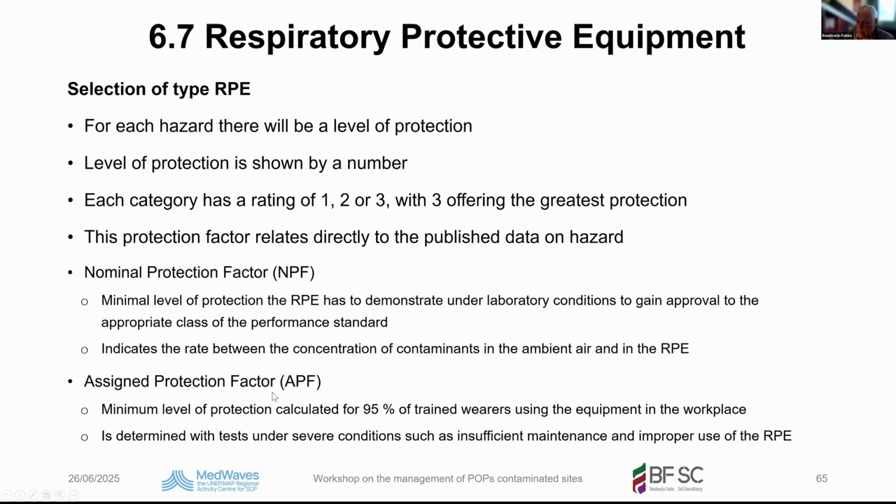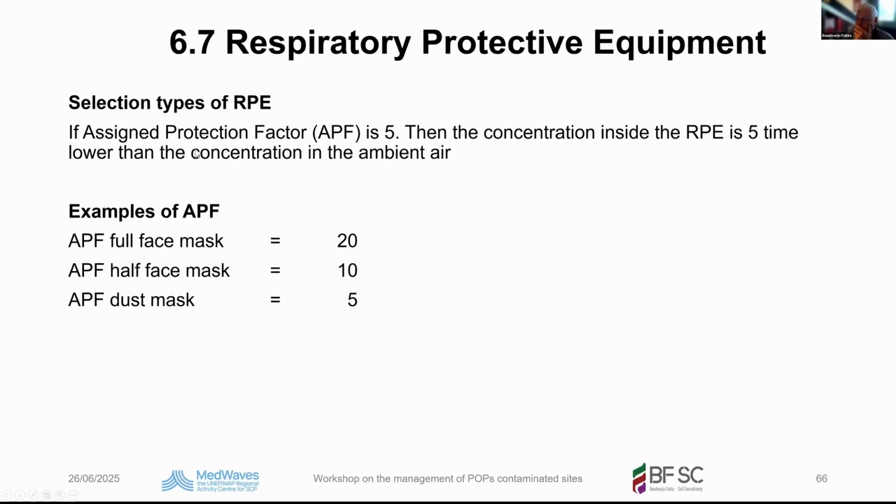Then you have the assigned protection factor, the minimum level of protection calculated for 95 percent of trained wearers using the equipment in working places. It's determined with tests under severe conditions such as insufficient maintenance and improper use of the RPE. So there are nominal protection factors and assigned protection factors, and these should be supplied by the supplier. For the selection, you take the assigned protection factor.